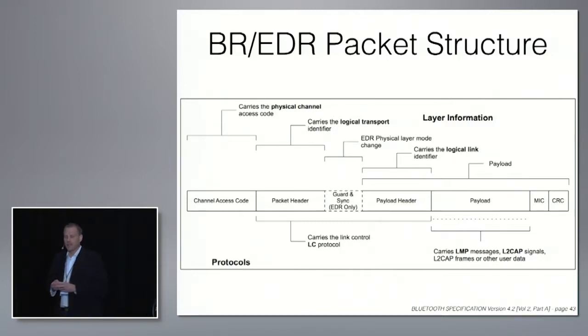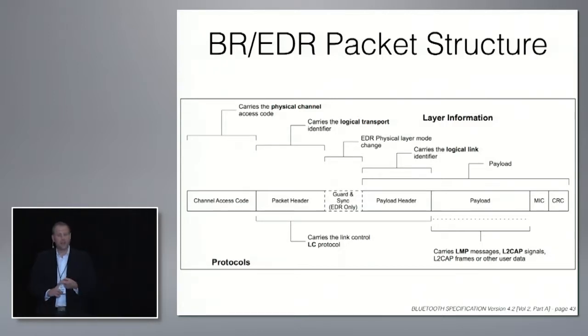There's other things in the payload header, things like the logical transport address. For Wi-Fi, we're used to From DS and To DS, to understand the directionality of how data is flowing between the two hosts. In Bluetooth, depending on which address is being identified in the LT address, or the logical transport address, you can understand which direction the data is going.